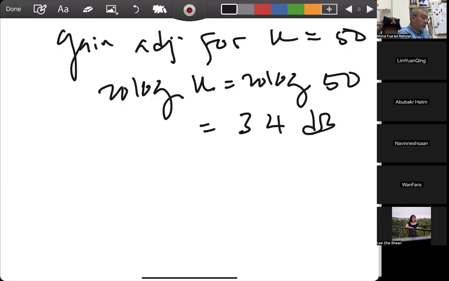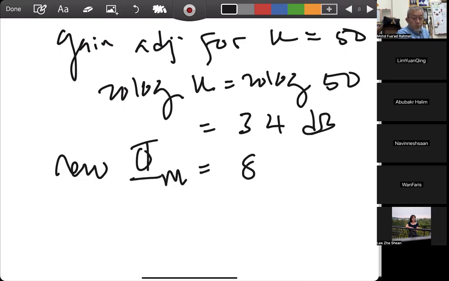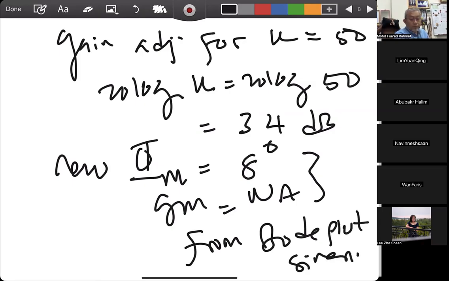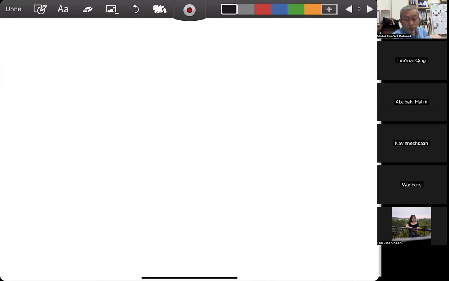So the new phase margin is 8 degrees. Gain margin not available. This is from the Bode plot given. So you have to do some adjustment, which is additional correction.